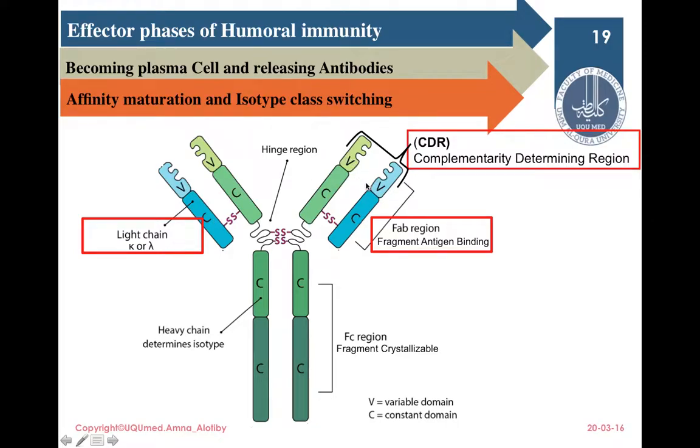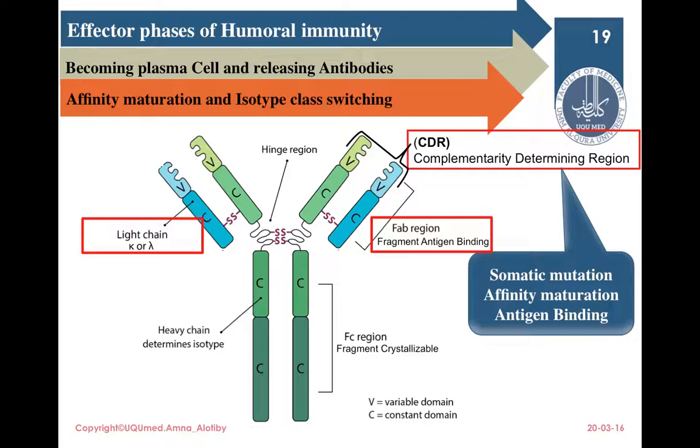The variable region, the V region, is also termed CDR, complementarity determining region, and the somatic mutation and affinity maturation take place in these regions. So this region is point mutated with repeated exposure to the same antigen, and the best and strongest fit is found during somatic mutation and affinity maturation.